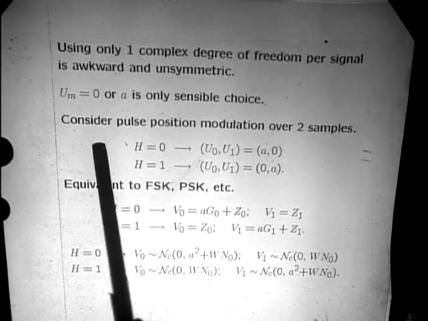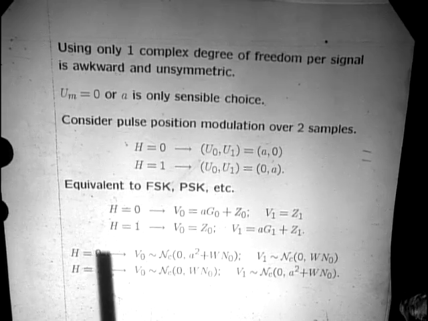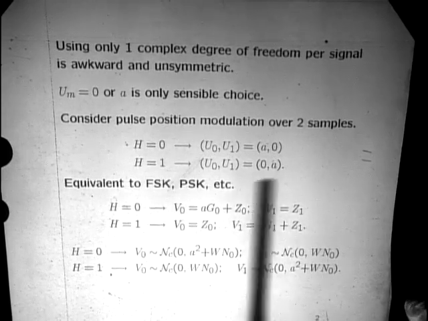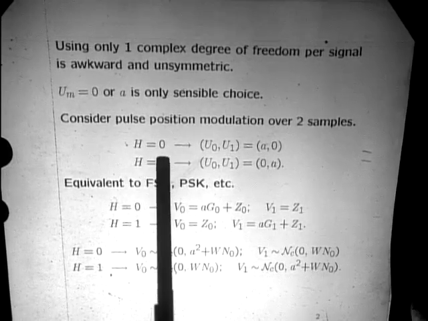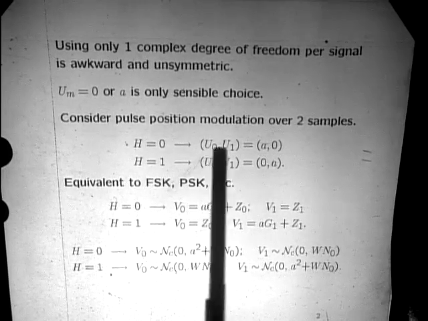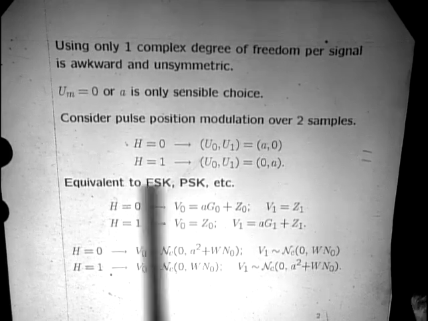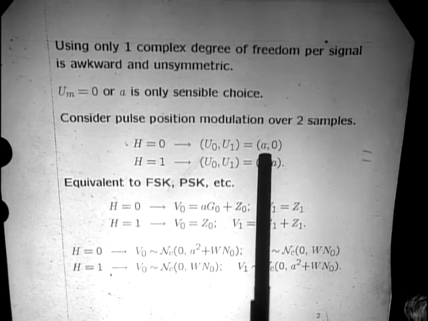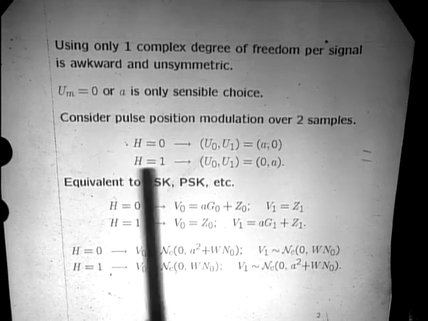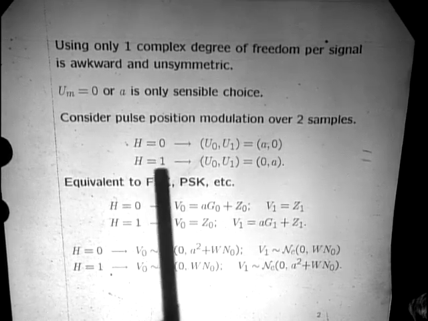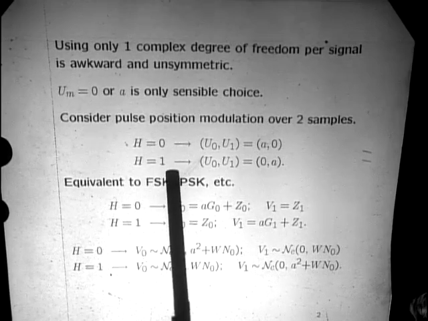And the thing that we're going to analyze, because it's the easiest thing to do in this discrete time model we've developed, is to think of modeling hypothesis 0 as sending two symbols, u0 and u1. We'll make u0 equal to A and u1 equal to 0. In the alternative case, if we're going to try to send input 1, this is binary transmission.